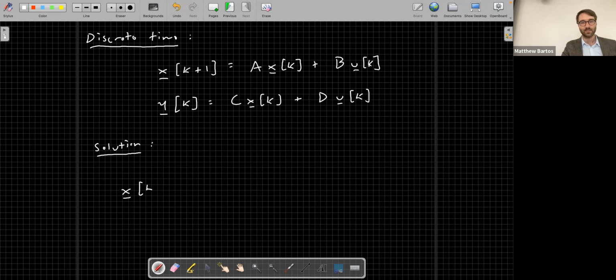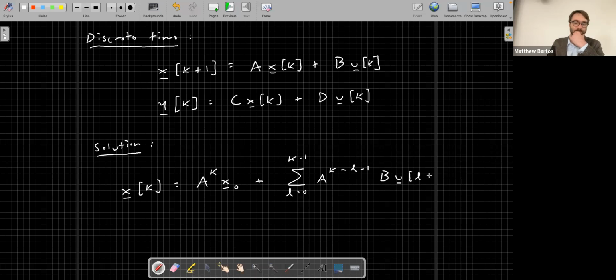So it'll be that x at time index k is equal to A to the kth power times our initial condition x naught plus the sum from L equals 0 to k minus 1 of A to the k minus L minus 1 times B u L. And if we want the output, we just pre-multiply by C and add Du k. So those are the general solutions for the continuous time and discrete time case.